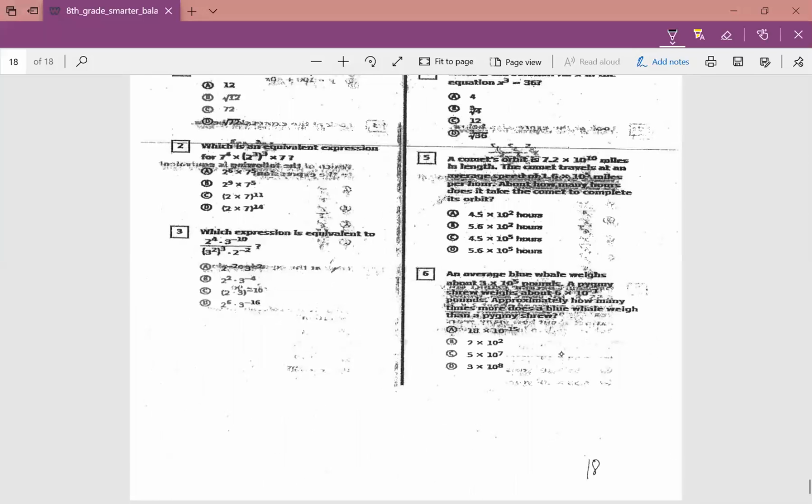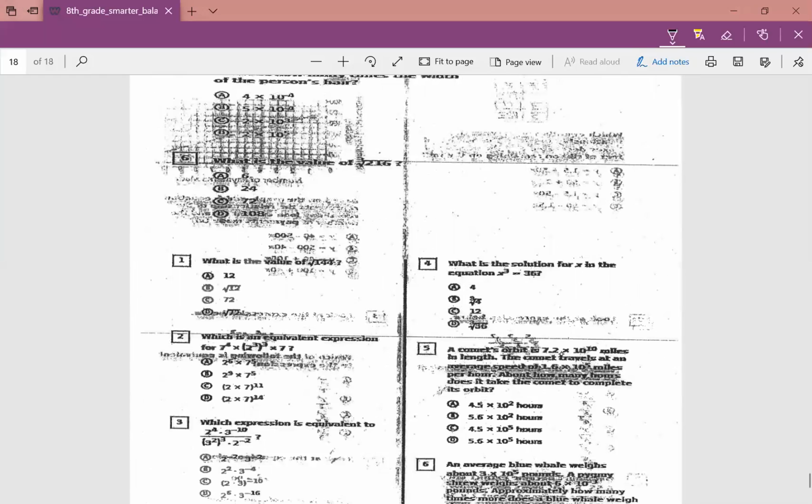Question 5. A person's hair is about 70 micrometers, or 7.0 times 10 to the negative fifth. So you want to find the, so let me just see.